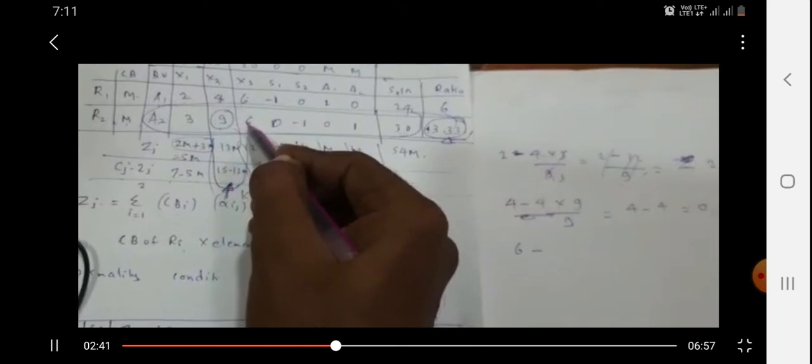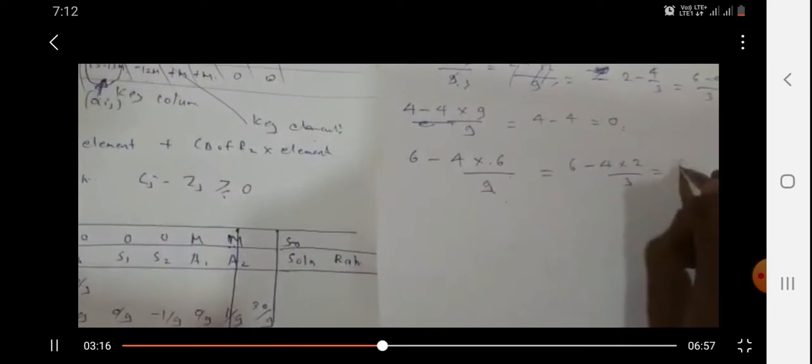Similarly, the old value is 6, write down 6. See this carefully. 6 minus key column value 6 into key row value 4, divided by key value 9.